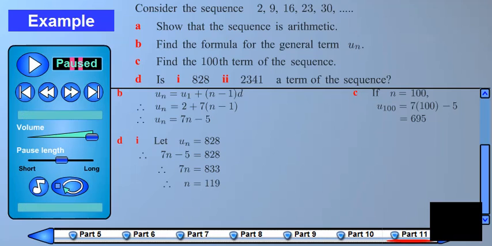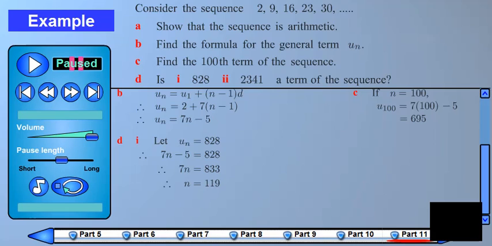Then here, if you make the equation 7n minus 5, the nth term, equals 828, and shift minus 5 to the other side, it will be plus 5. Then you get 833. Now we have 7n equals 833. How to get n? Divide both sides by 7. You will get n equal 119.